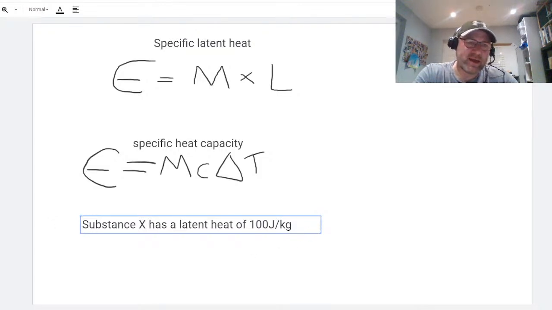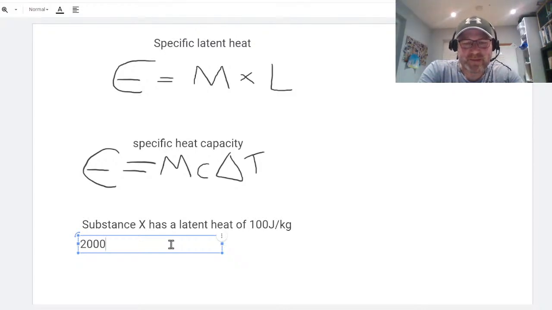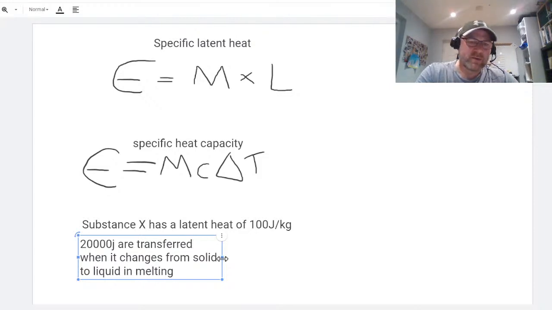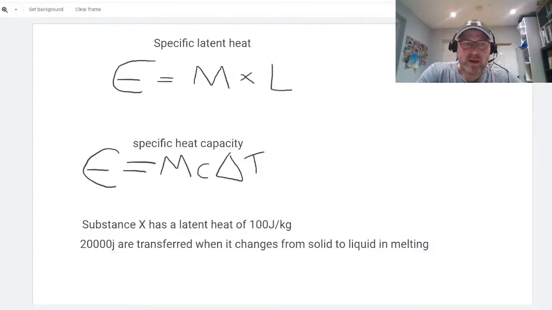Substance X has a specific latent heat of 100 joules per kilogram. 20,000 joules are transferred when it changes from solid to liquid in melting. So when it melted, 20,000 joules were transferred.